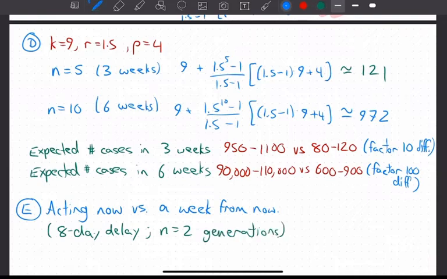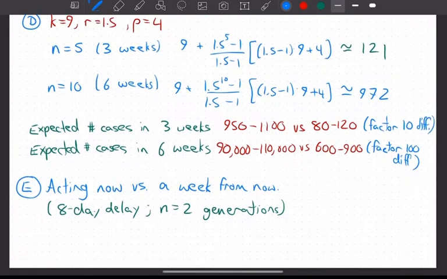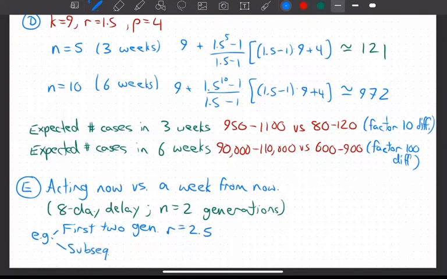Right, so I'm interested in running this model now with, for the first 2 generations, R is 2.5, and for subsequent generations, R is 1.5.